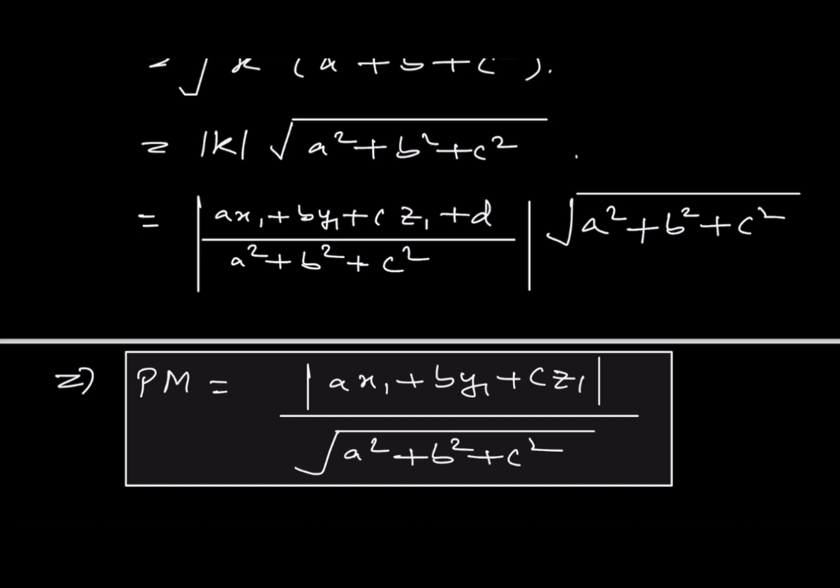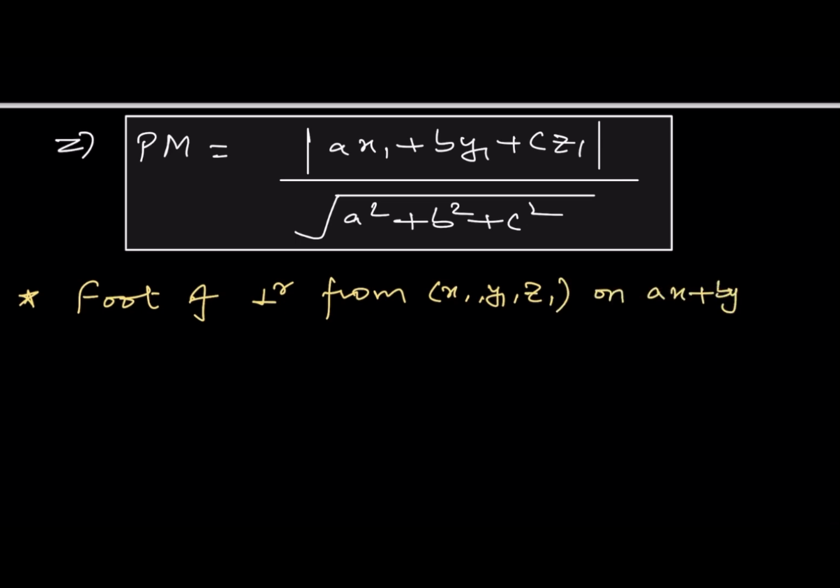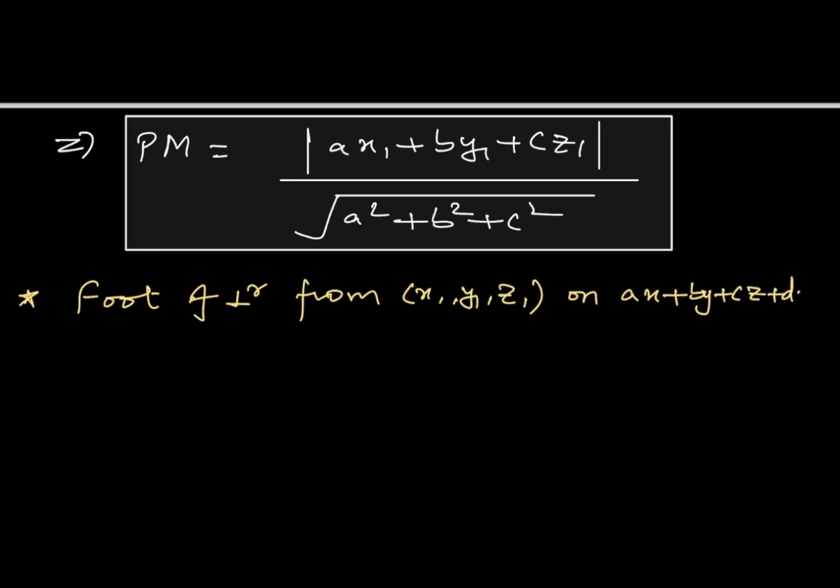Now we have to find the foot of perpendicular from a point on the plane. So also the foot of perpendicular from (x1, y1, z1) on ax plus by plus cz plus d is equal to 0, right?